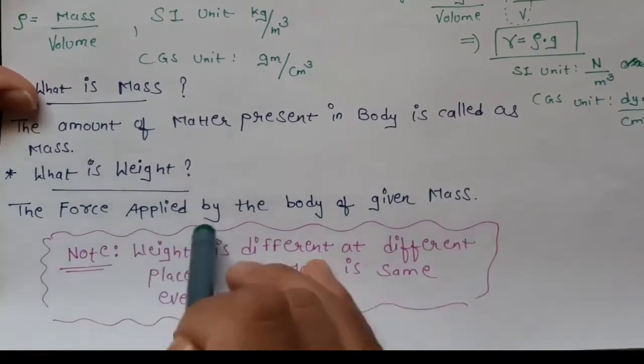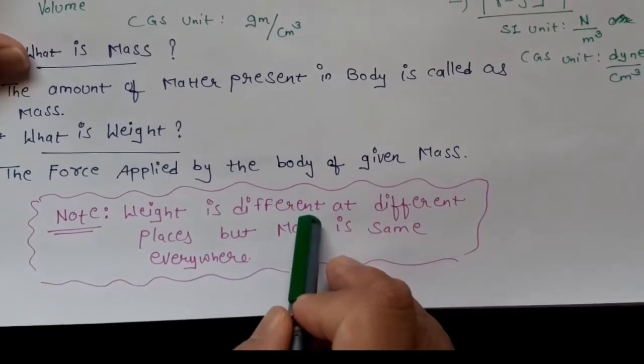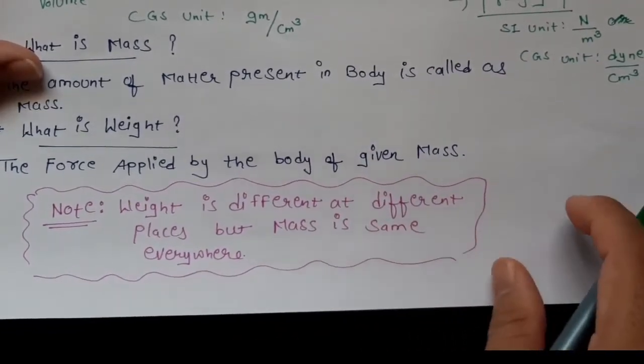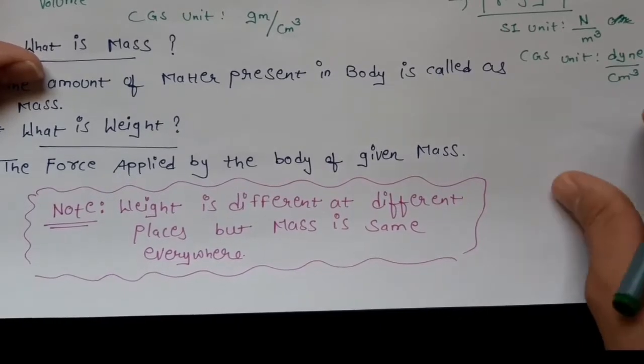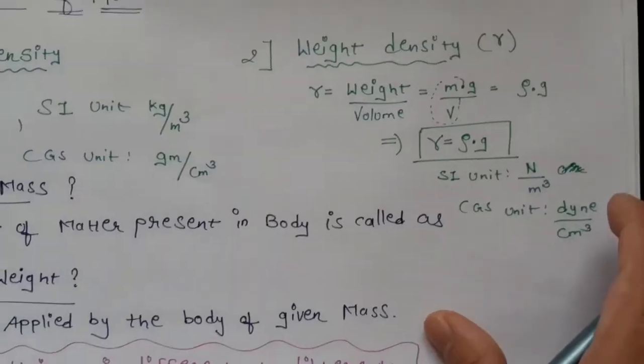Weight is different at different places due to gravitational acceleration. For example, if our weight on earth is 65 kg, the weight on the moon is different, because the gravitational acceleration of the moon is different from that of earth. So this is about mass density.